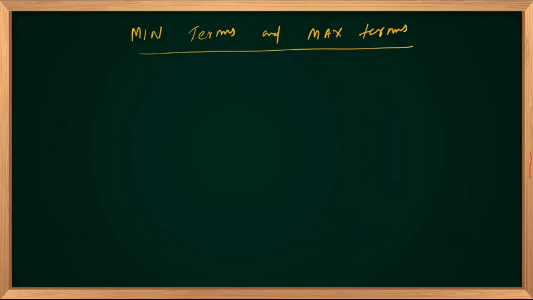So you should be clear with the min and max terms for the proper understanding of the remaining upcoming topics. If you are comfortable, we'll move on to min and max terms.